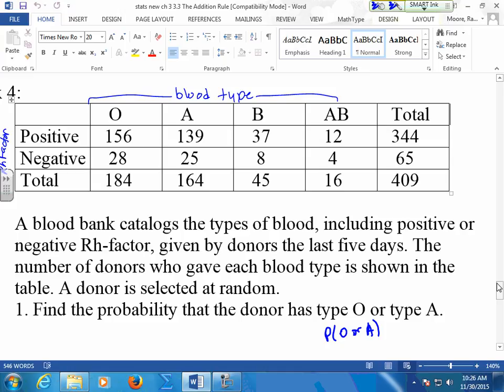Can you have O and A at the same time? No. So they're mutually exclusive. How many had type O? 184 out of what? 409. How many had type A? 164 out of 409.